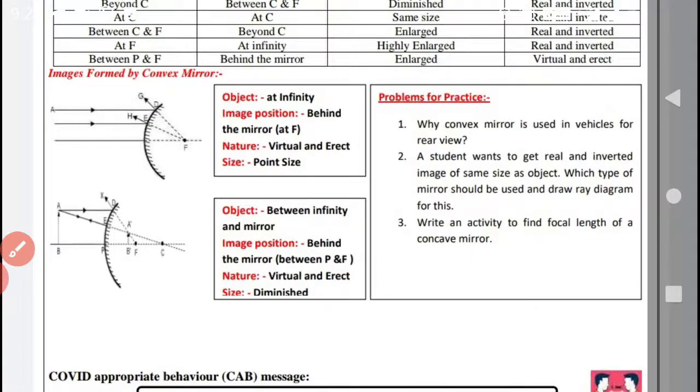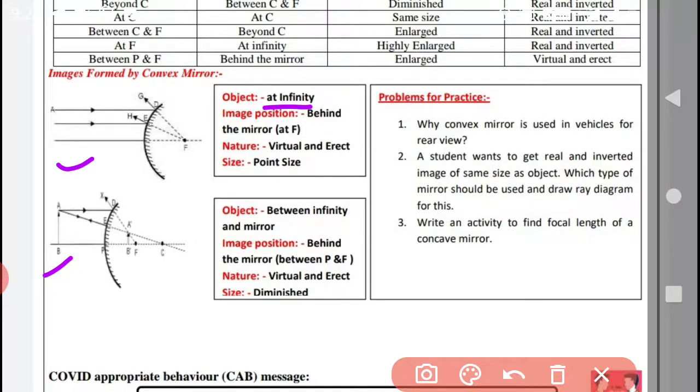Let's discuss the image formed by the convex mirror. For the convex mirror, we discuss only two ray diagrams, in the first of which the object is at infinity. When the object is at infinity, we know that the ray running parallel to the principal axis is reflected back through the focus. And for the convex mirror, the focus is behind the mirror. So the light is reflected back from this side, but it is an imaginary focus.